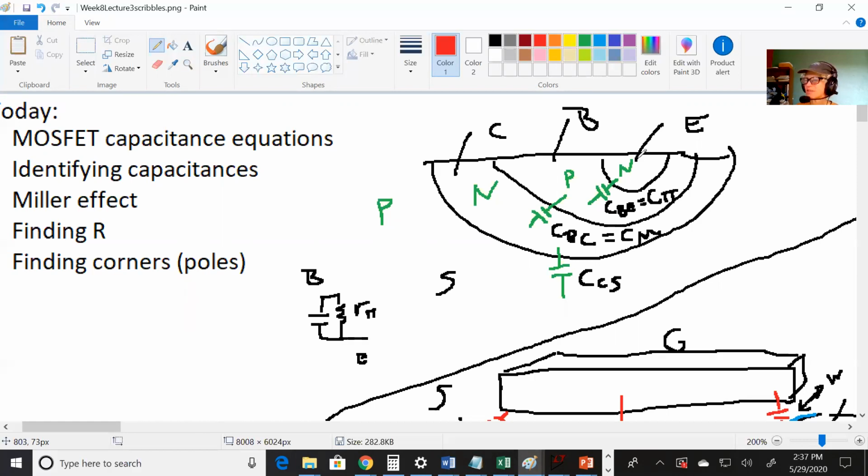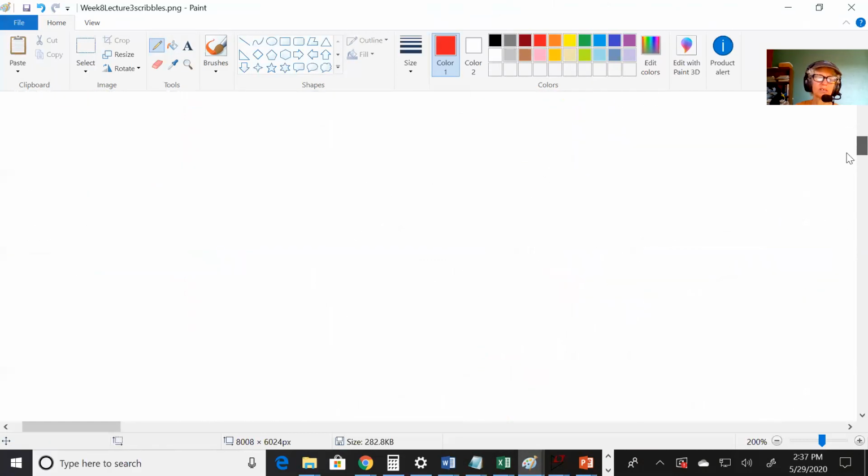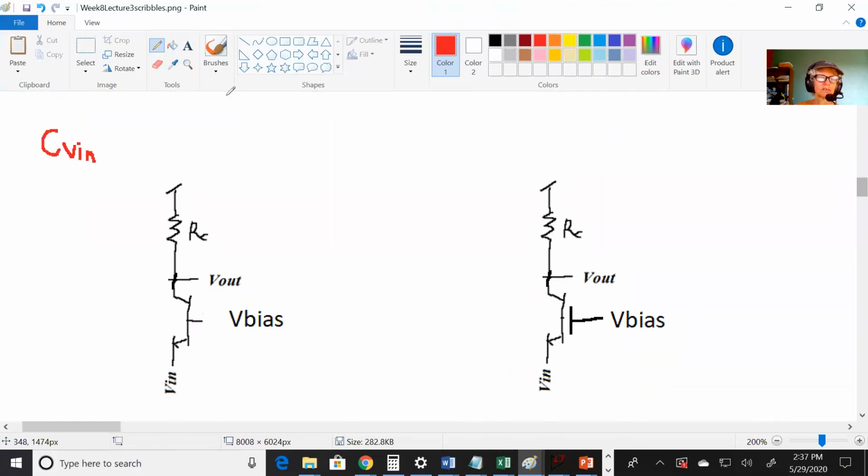C pi. All of these others, you could say they look like they're in series, but you don't count those. You only count the capacitances that are directly connected to the emitter. So C Vin is C pi, and I'll do our first pass in red.